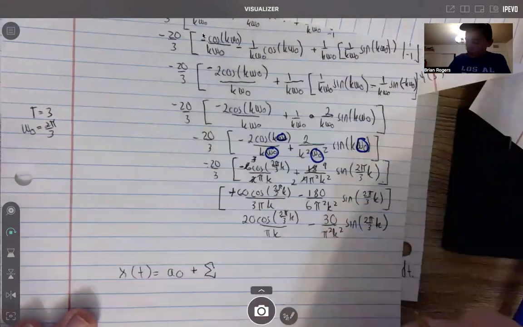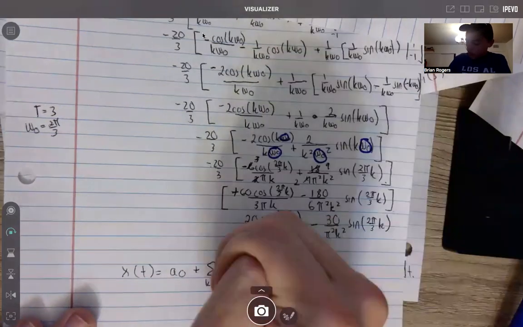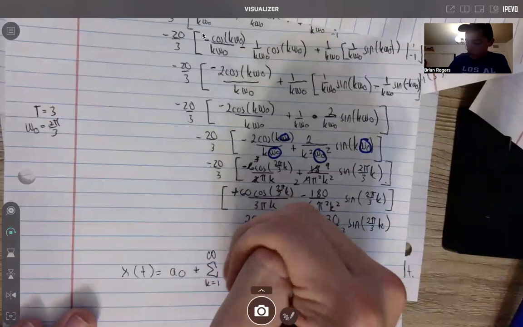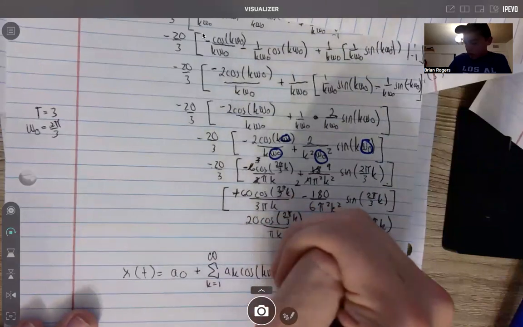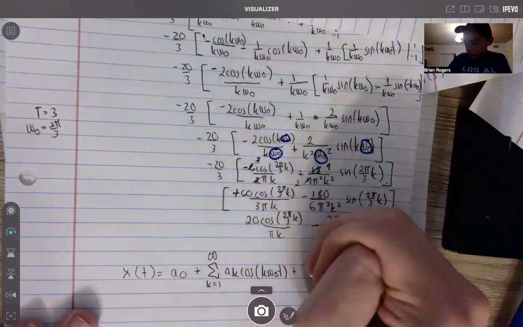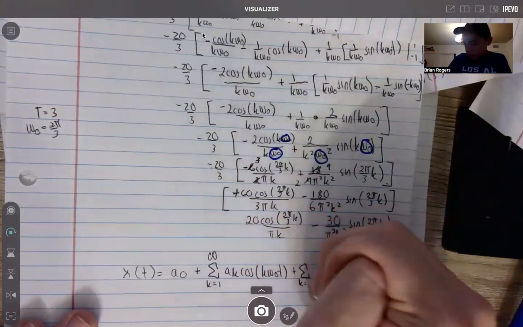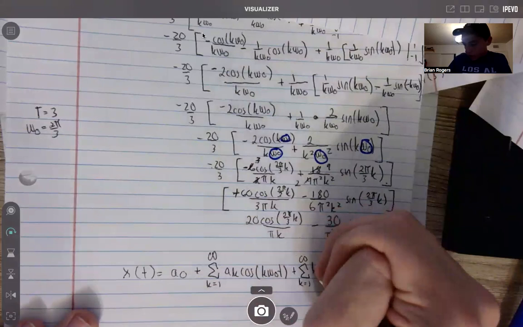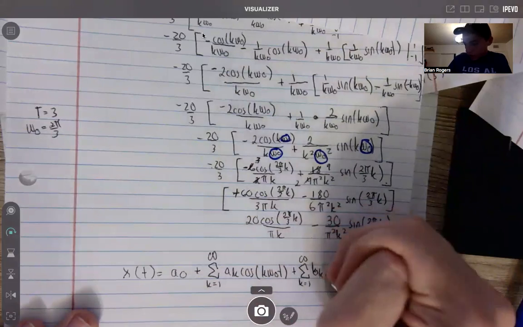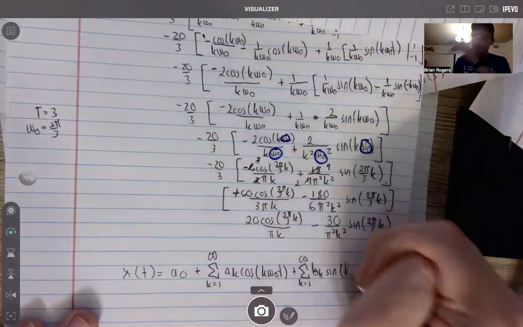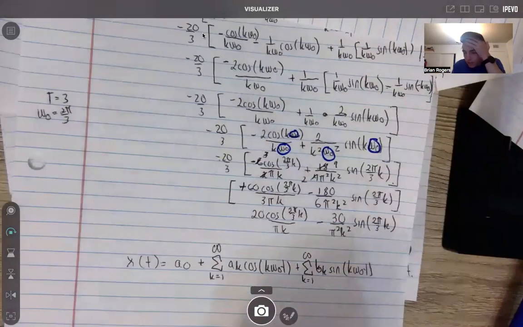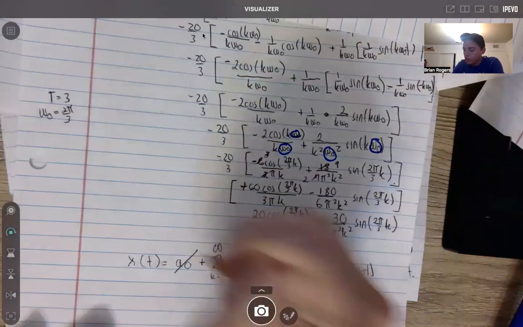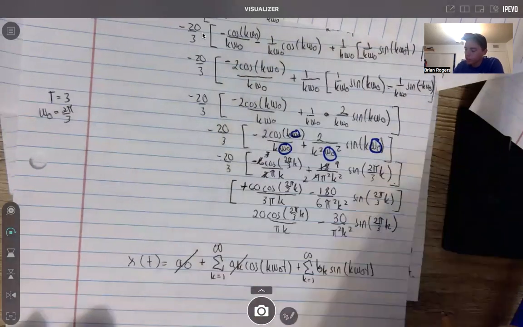It's k equals 1 to infinity of your a of k cosine of k omega naught t, plus your summation from k equals 1 to infinity of b of k sine k omega naught t. So here you're going to have this term, remember, evaluated to 0. This term evaluated to 0 because it's only an odd.